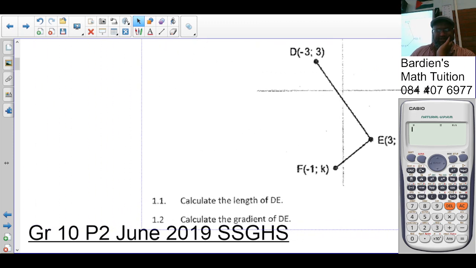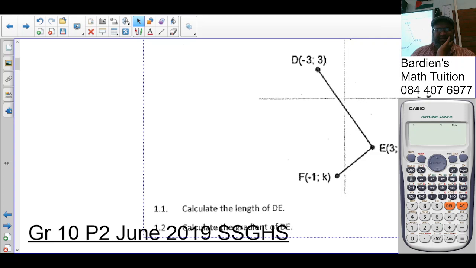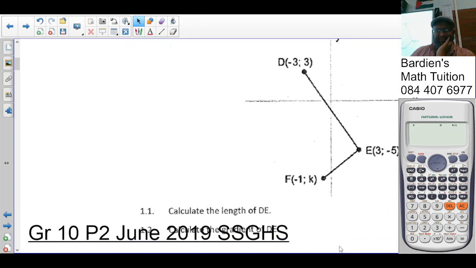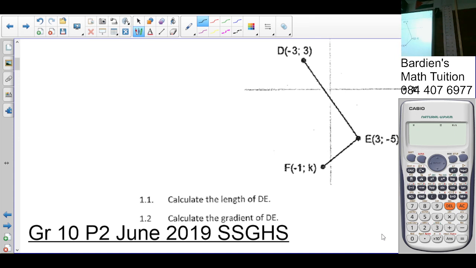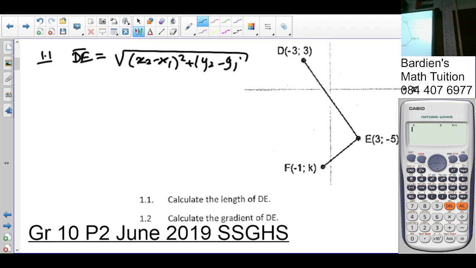So the first question says, calculate the length of DE. In 1.1, the length of DE follows the distance formula, which is the square root of x2 minus x1 squared plus y2 minus y1 squared.